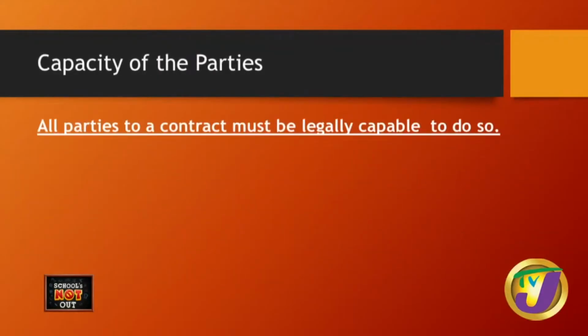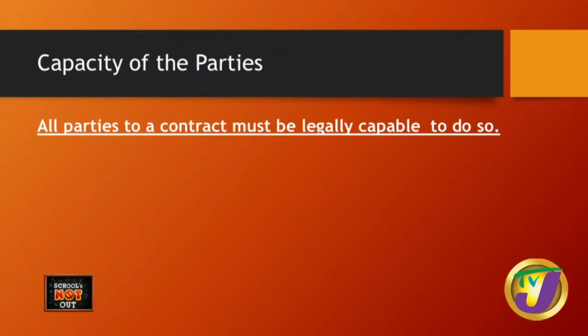Now we have the fourth element of a simple contract, and this element stipulates the capacity of the parties. So all parties in a contract must be legally able to do so. Now, I want you to think of anyone. Do you know of anyone who may not have the capacity to enter into a contract? If you say minors, you're correct.